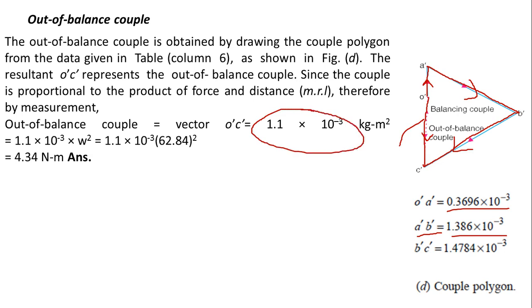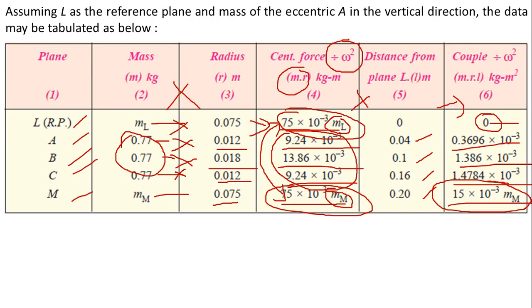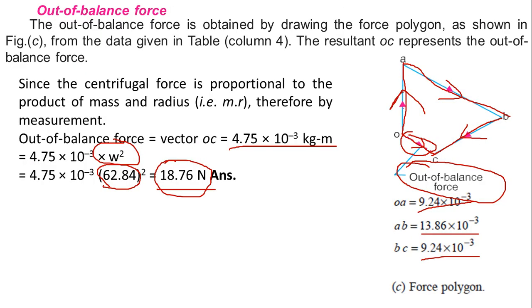Actually the opposite side will be nothing but the balancing couple only, because for the measurement of the left out part you have to use the couple only, where on one side it is 0. So automatically this will be nothing but 15 into 10 to the power of minus 3 mm value only. Okay, so that also we can calculate.